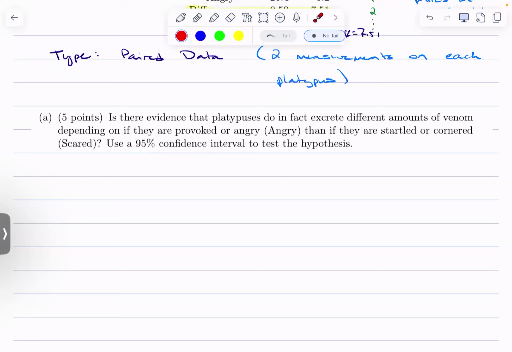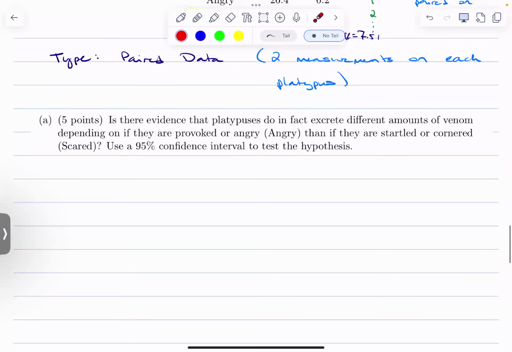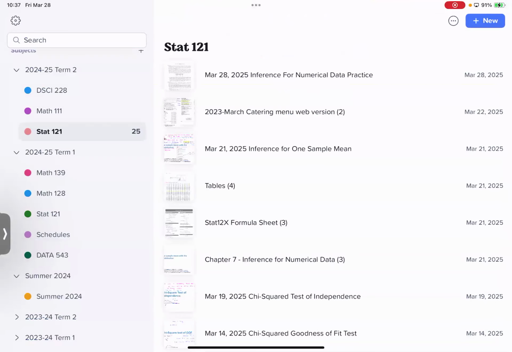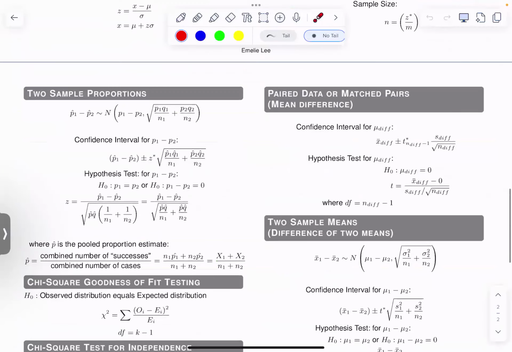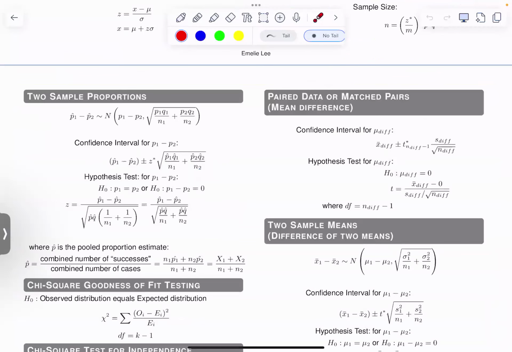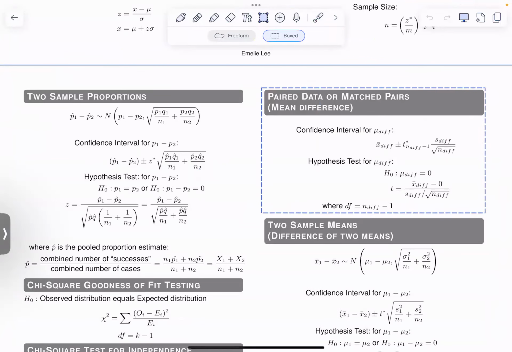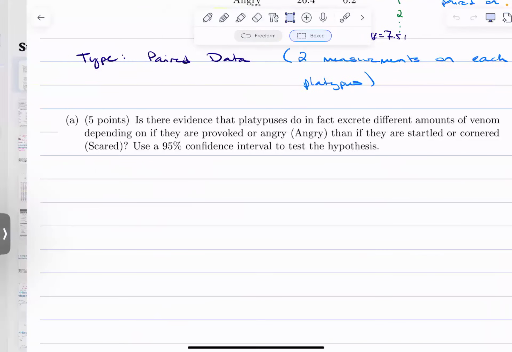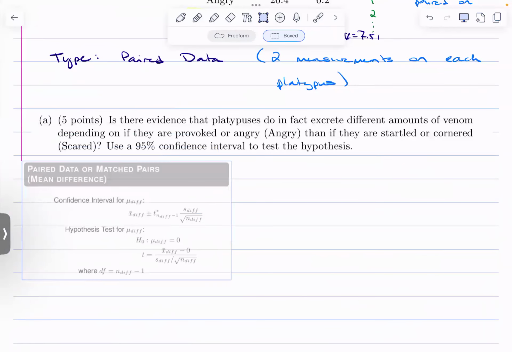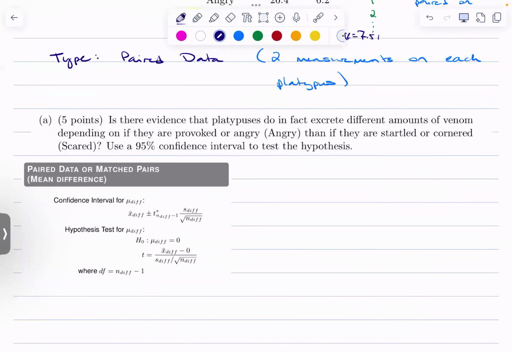We need to state our hypotheses, which will be what? Once you've decided that it's paired data, right? Let me grab it on your formula sheet so that we have it. Right.